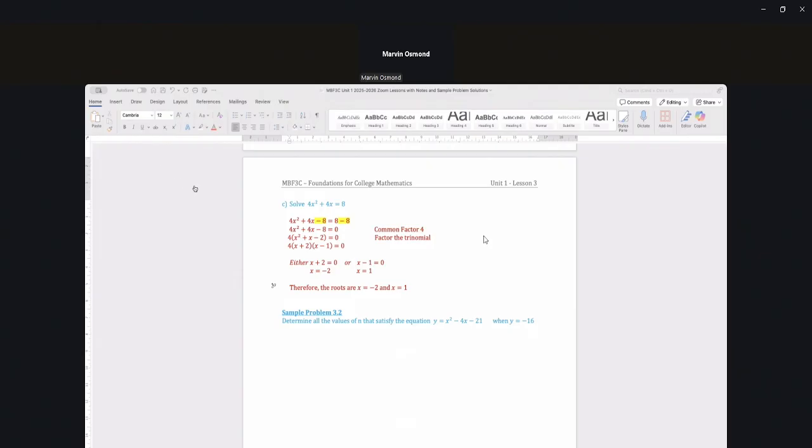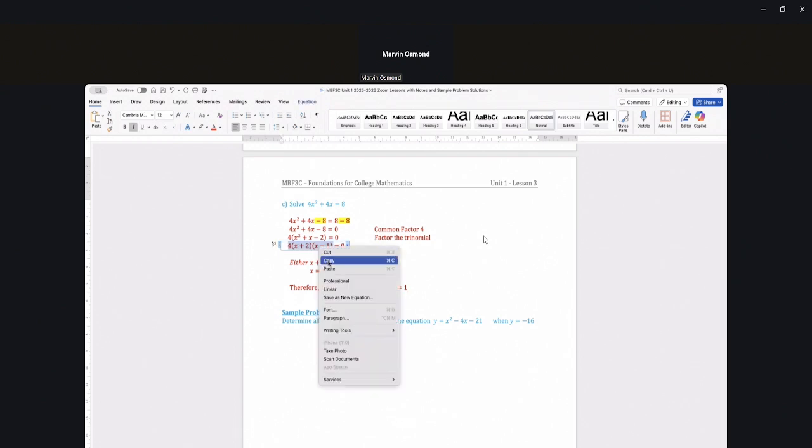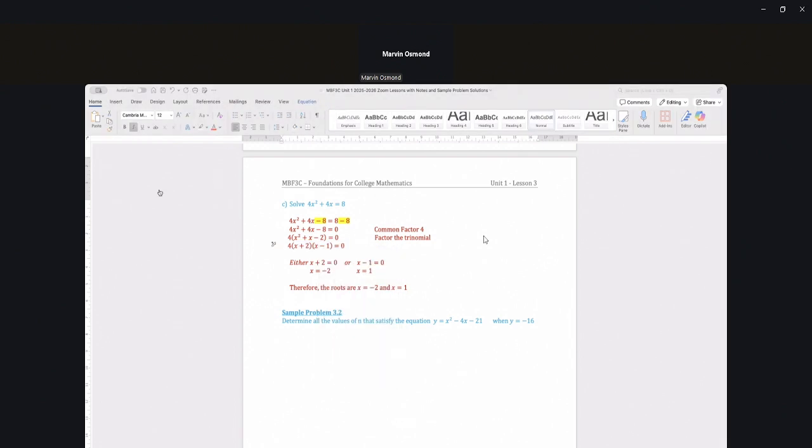Okay, so I'm not going to do it because we're going to run out of time, but if I were to come back into here and graph this particular equation, y equals 4 times x plus 2 times x minus 1, look what I get.